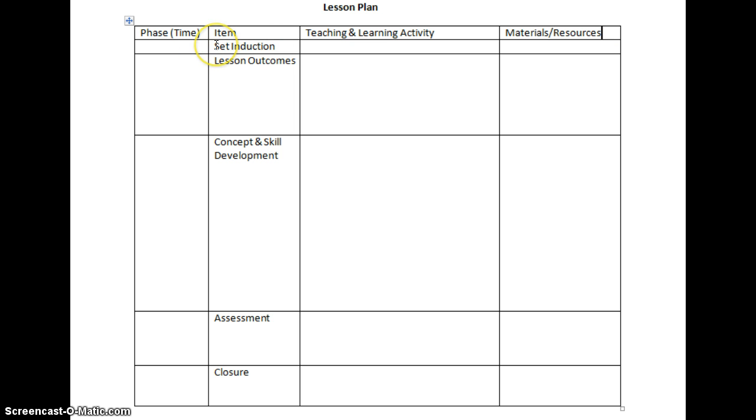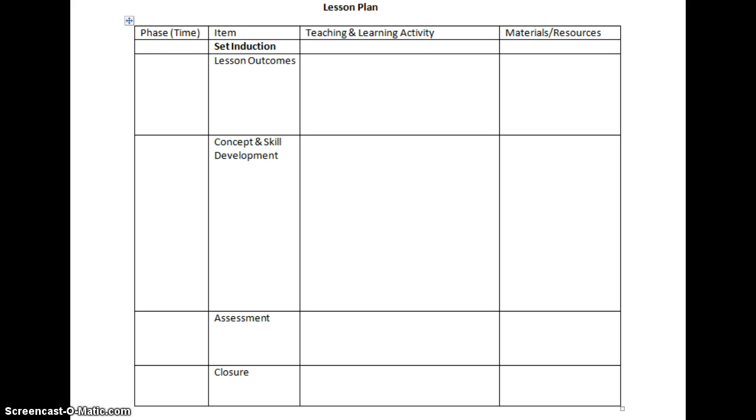Now the first thing that you notice is that it's the set induction. So this is the set induction that we have been talking about. Set induction is normally about 5 minutes. Its function is to attract the attention of the students so that they are now geared or ready to sit down and learn what you're going to teach them on that day.